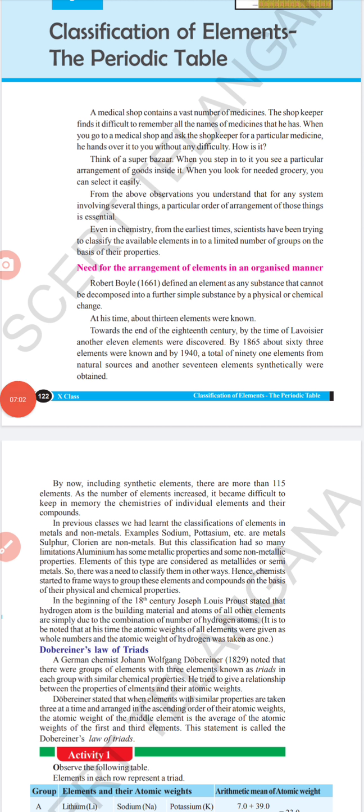By including synthetic elements, there are more than 115 elements.